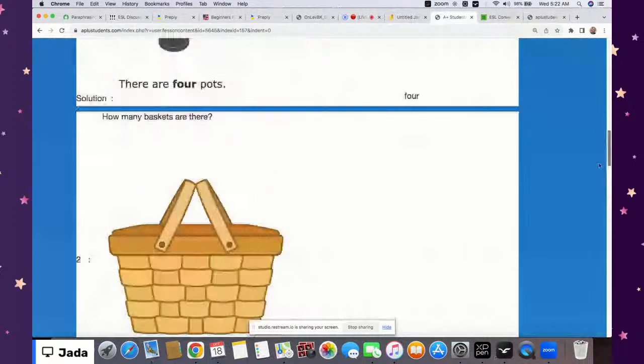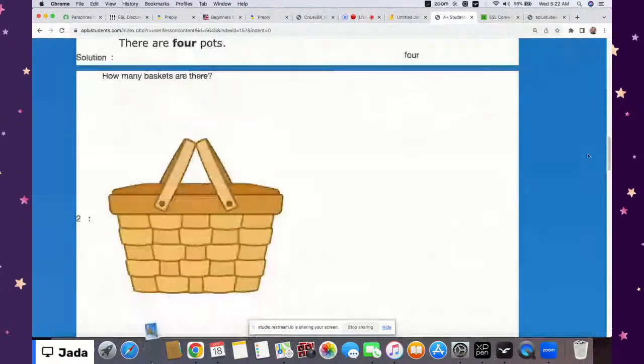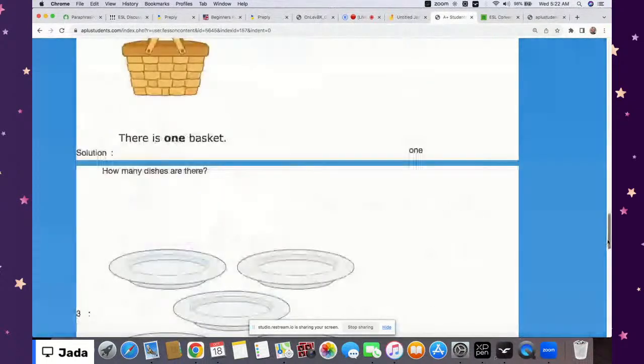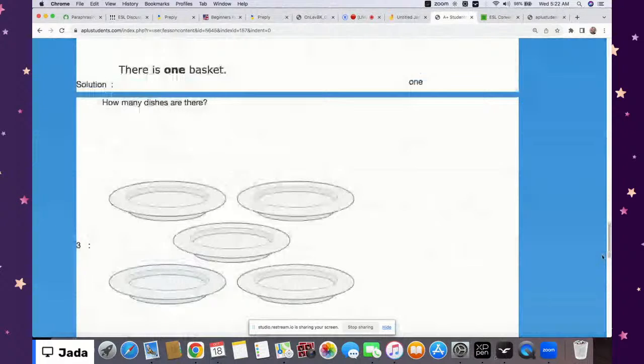Then we have, how many baskets are there? We have just one, okay, only one basket. And then we have, how many dishes are there? So you all tell me, how many dishes do we have here?